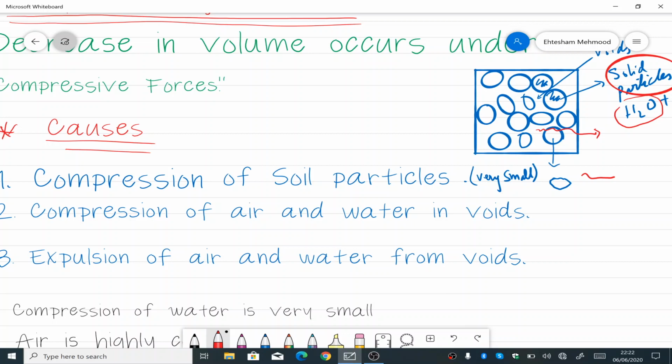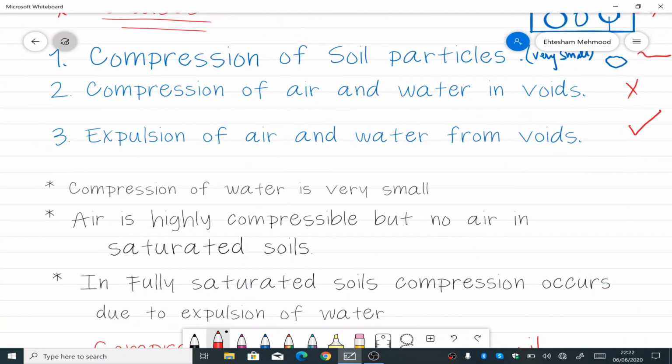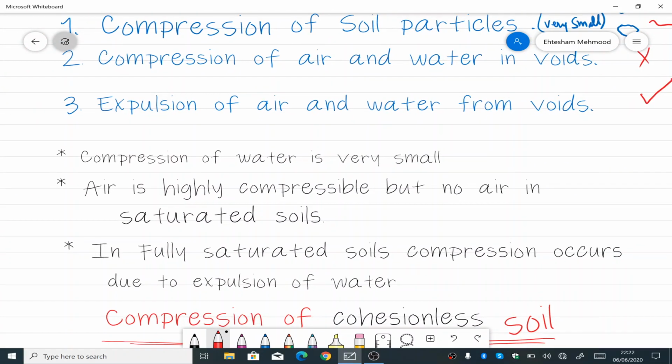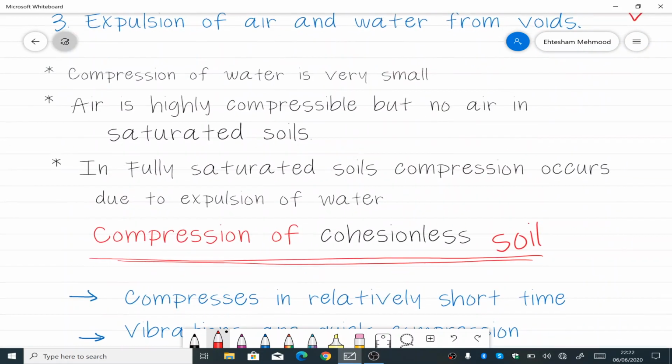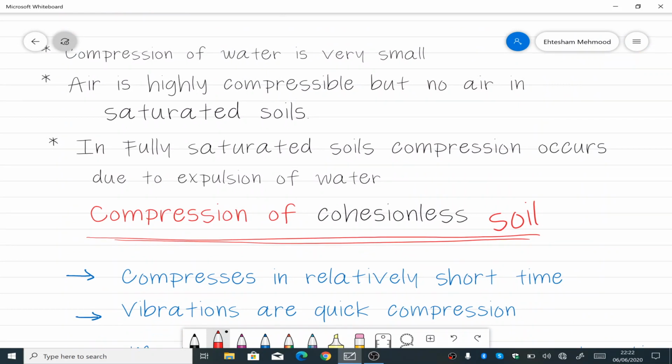Water is incompressible, so this cannot be a bigger reason for our case. And the expulsion of air, which is not present there; expulsion of water can be a good reason for the compressibility of a fully saturated soil. So in fully saturated soil, compression occurs mainly due to the expulsion of the water.